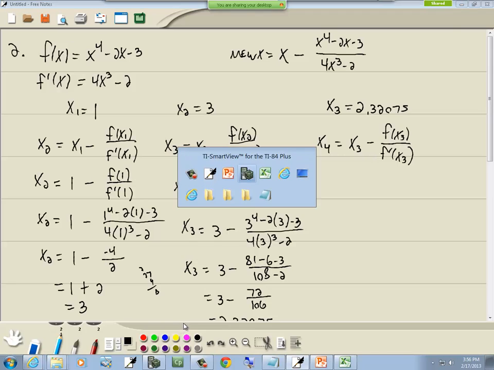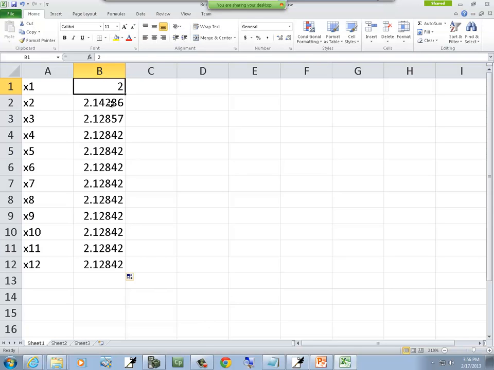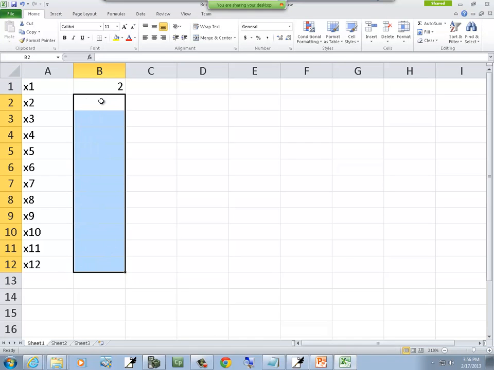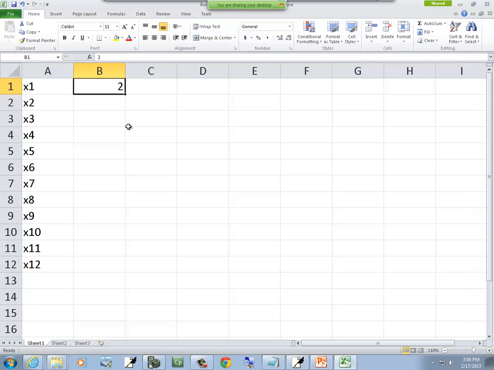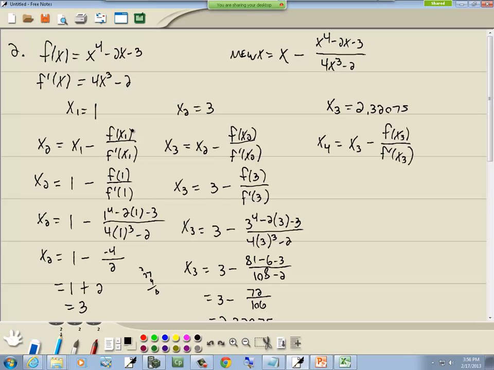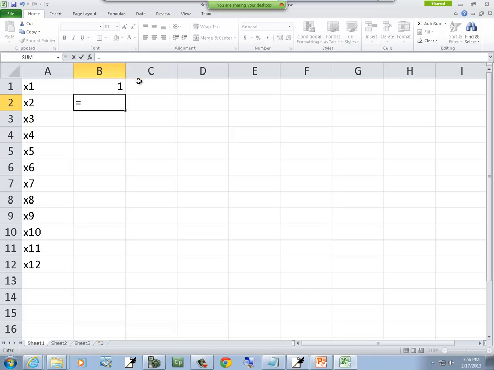Okay, so come over here. What did I say my guess was? I said it was 1. Okay, so I'm starting at 1. Now here I'm going to do equals, and everywhere in this formula where I have an x, I'm going to put in B1, because that's where my guess is.